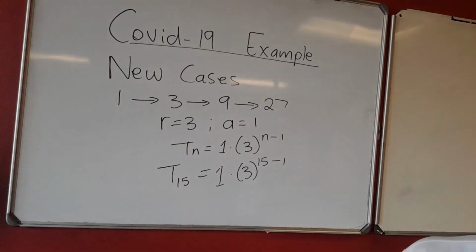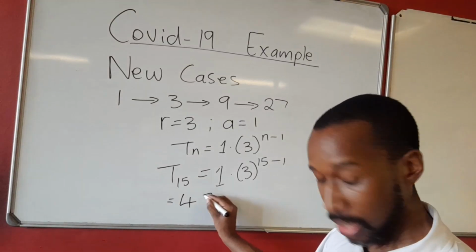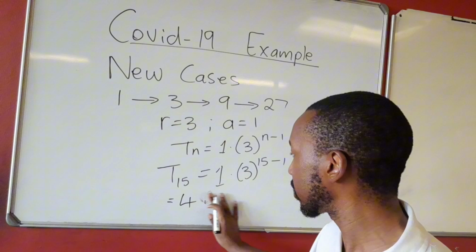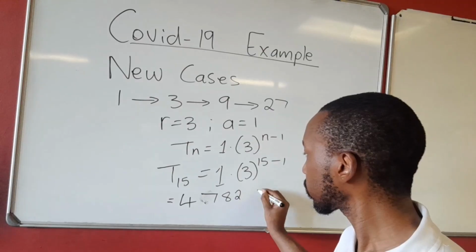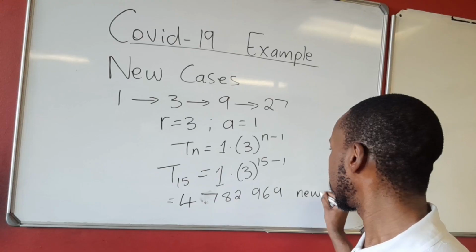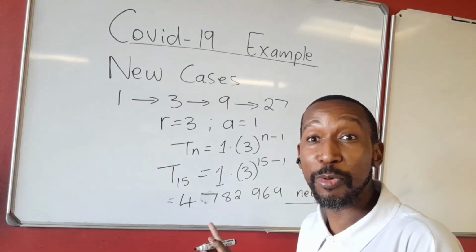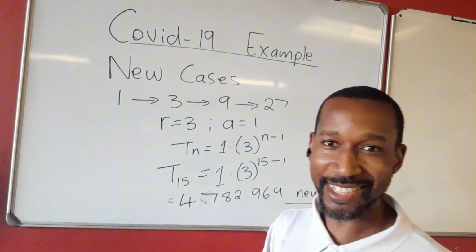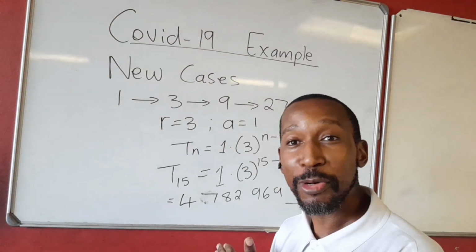You can put it in the calculator, but what it gives us is that we would have 782,969 new cases. That's what Ramaphosa was shown. Mr. Cyril Ramaphosa, that is our beloved president. That's what he was shown.